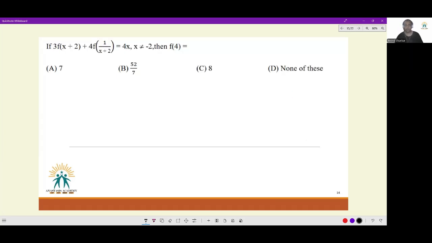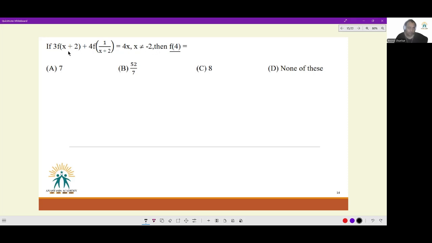Next, this is the first question that will sort of spin you. Let's see, if 3 times of f of x plus 2 plus 4 times of f of 1 by x plus 2 is equal to 4x, then f4 is equal to. Understand, if we are looking for f of 4, then what sort of value do we need to assign to x?